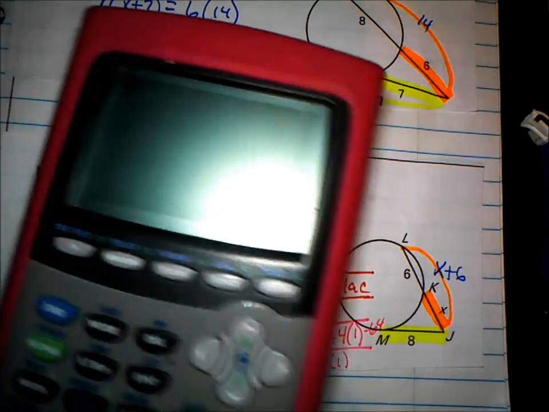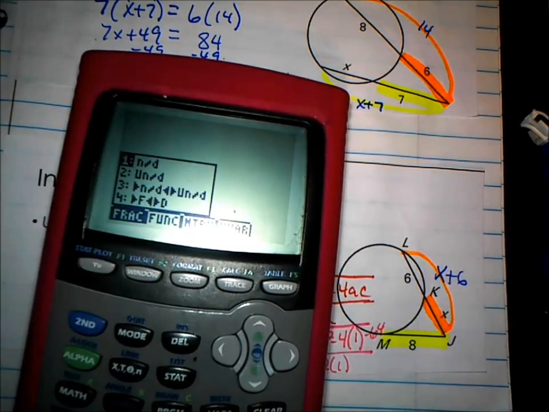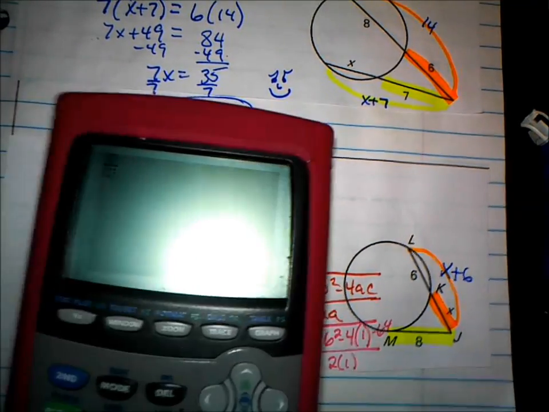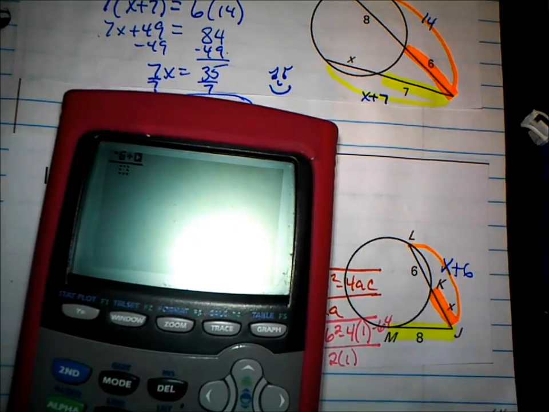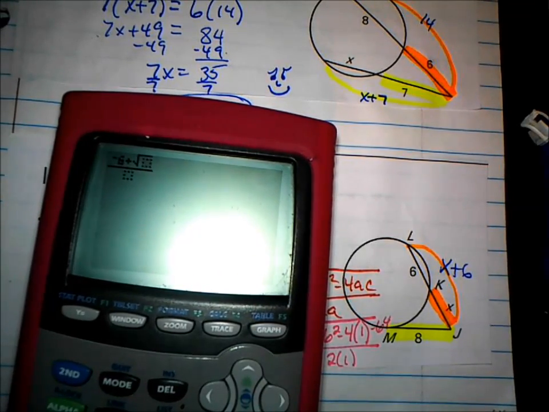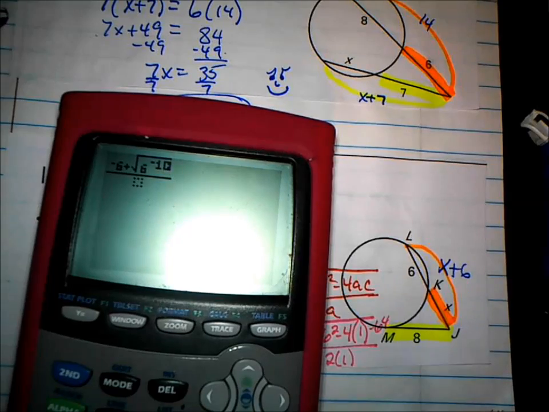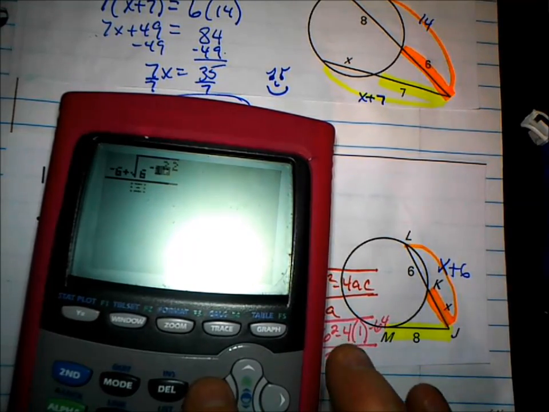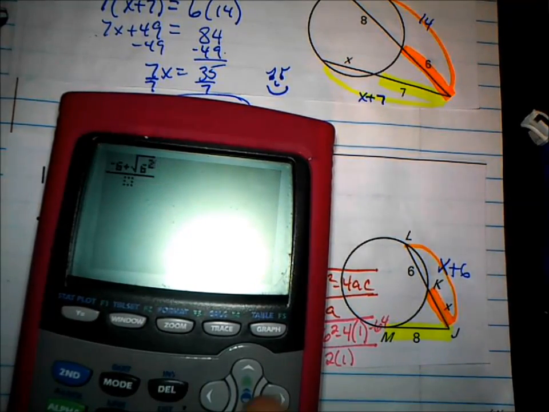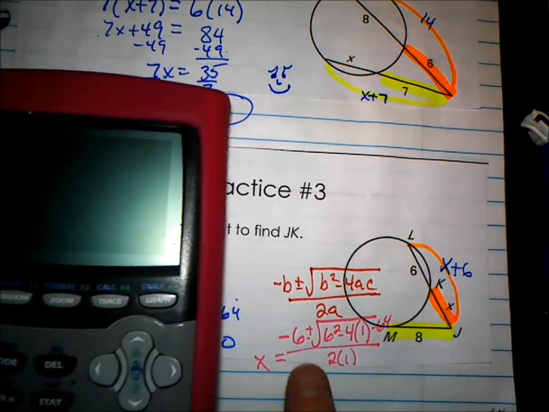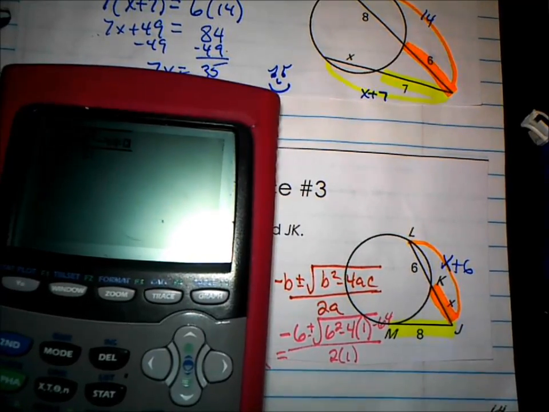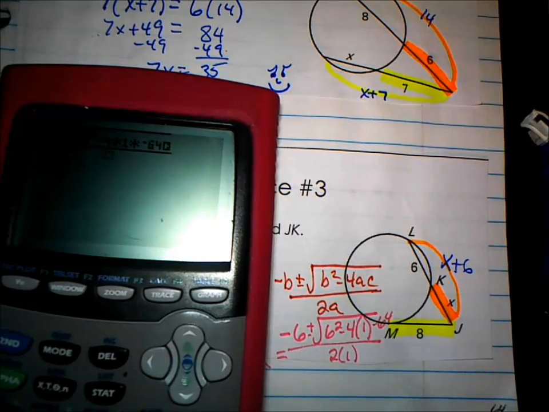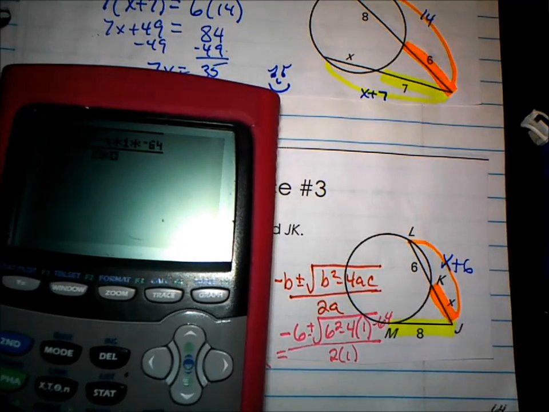Grab my calculator. I'm going to put it in as a fraction, so that's going to be negative 6 plus square root of 6 squared, and then minus 4 times 1 times negative 64, over 2 times 1.